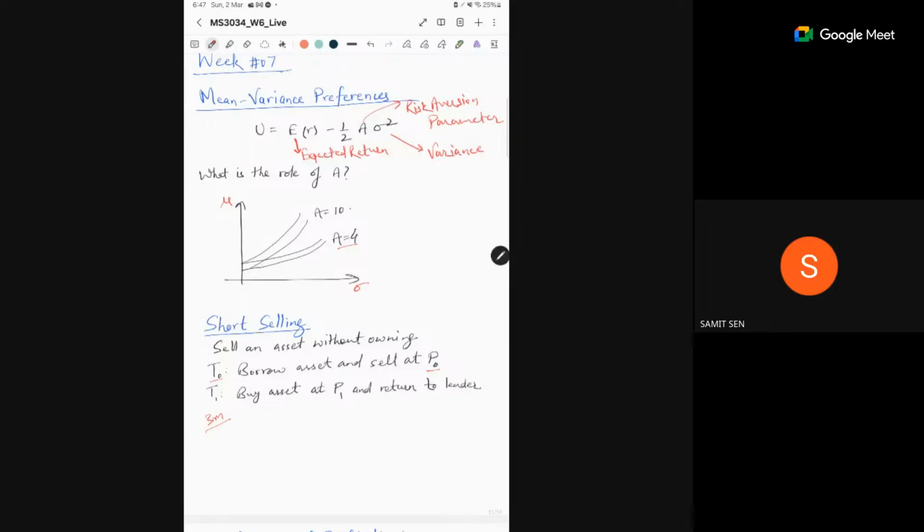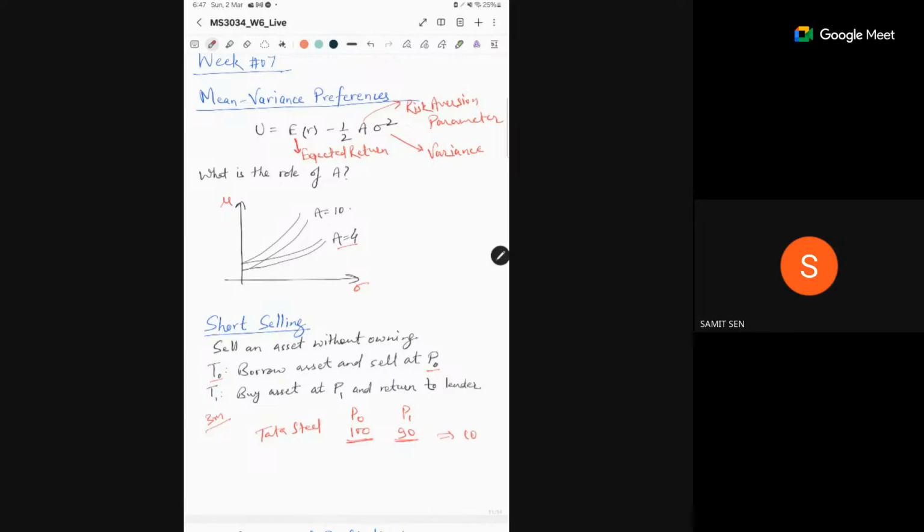How? For example, we took the Tata Steel example. Today, if Tata Steel's price is 100 and after 3 months it becomes 90, and for example you are selling only one share, then you sold it at 100, bought it at 90 and returned it, so you made a profit of 10 rupees.